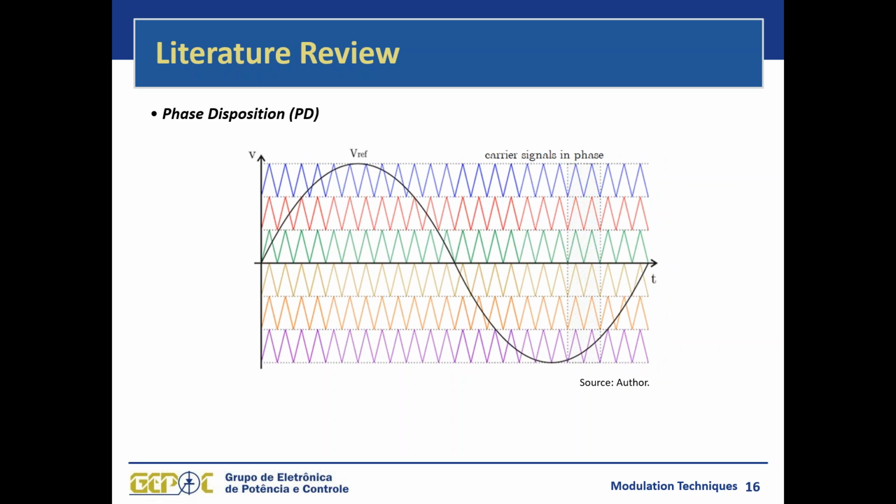And we have the classical phase disposition modulation here on this slide. So here we can see that in the classical phase disposition modulation, all the carriers have the same phase. So we don't have any phase alternation among all the carriers that we are going to use on the modulation. The upper carriers and the lower carriers all have the same phase.